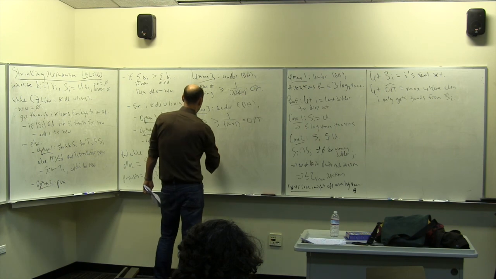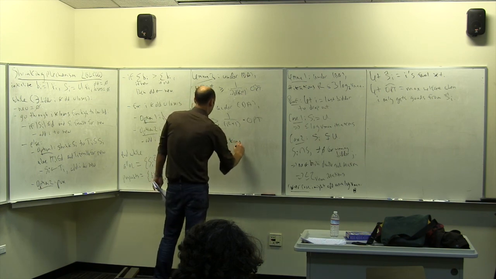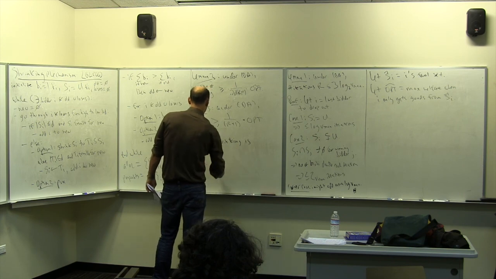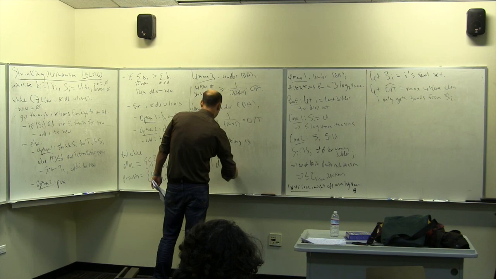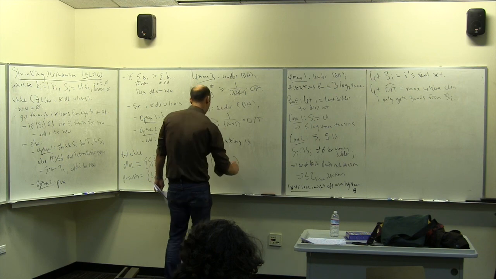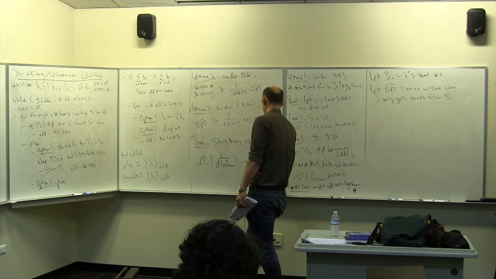Okay, so putting these together, we get that the shrinking mechanism is a 1 over d log Vmax squared approximation.